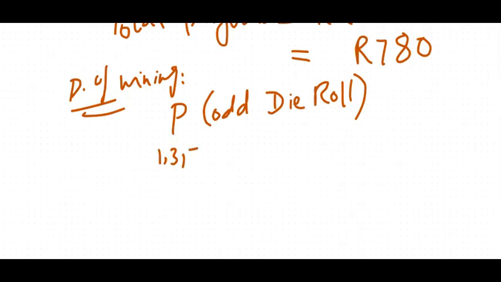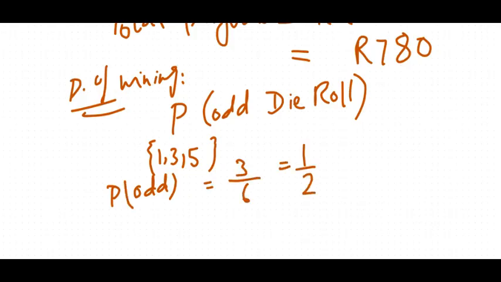There are three favorable outcomes out of 6 total, so P of odd equals 3 by 6 equals 1 by 2. Now the probability of a picture card.